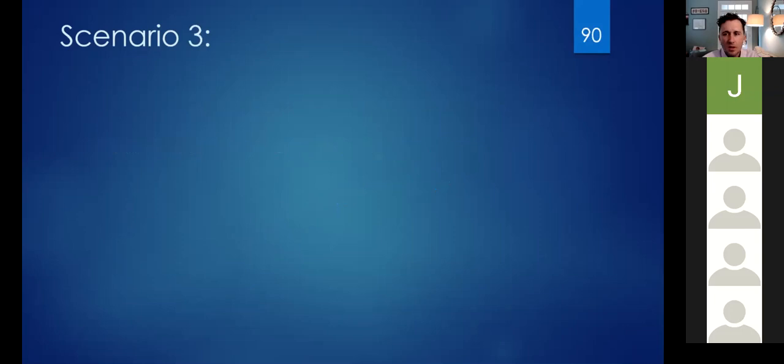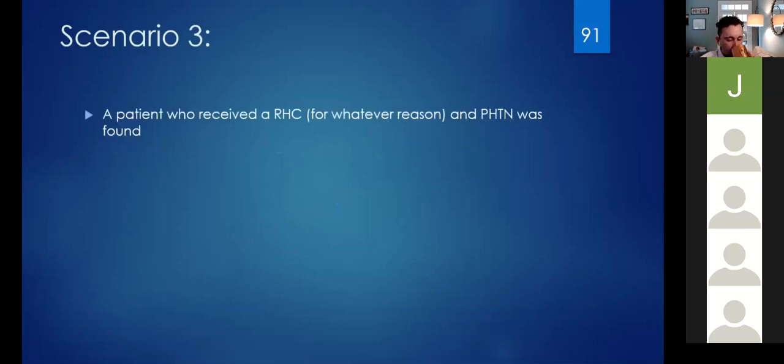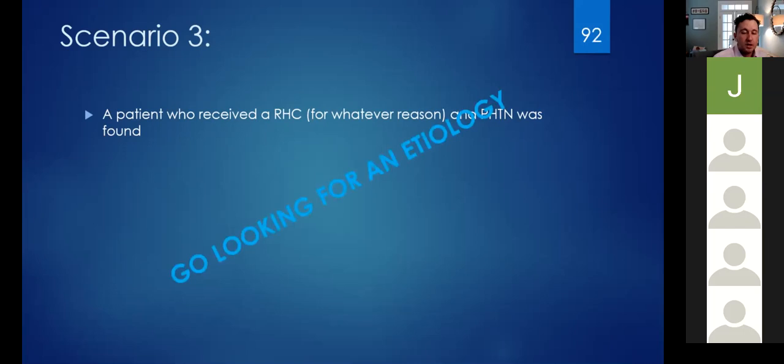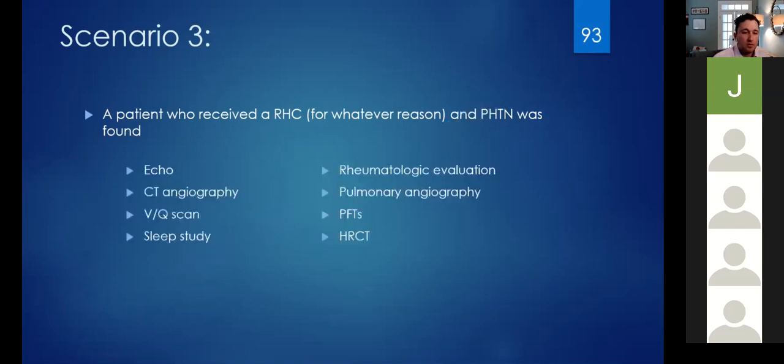Okay, and the third scenario would be a patient who received a right heart cath for whatever reason, and pulmonary hypertension was found. In that situation, you've got to go looking for an etiology. So you use your history and physical and other sources to guide you.